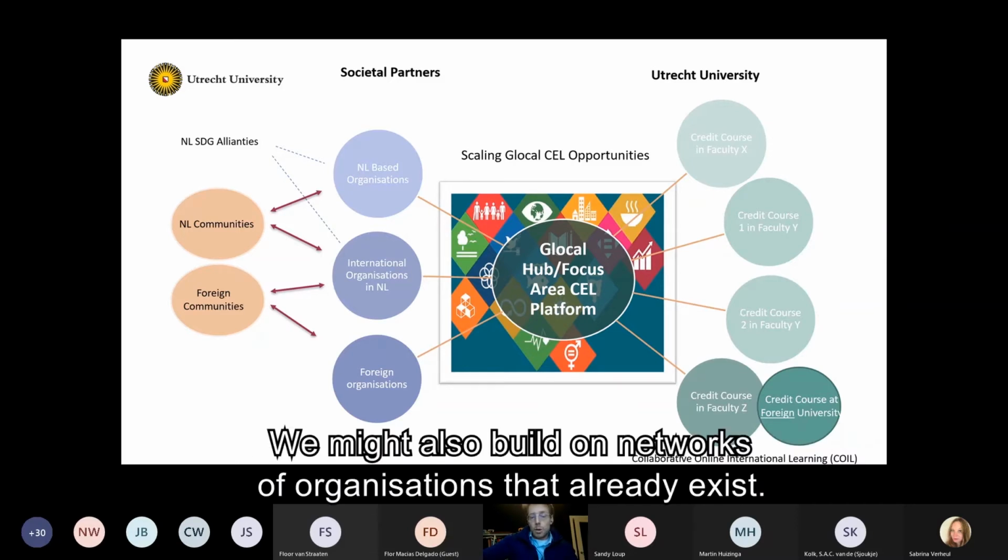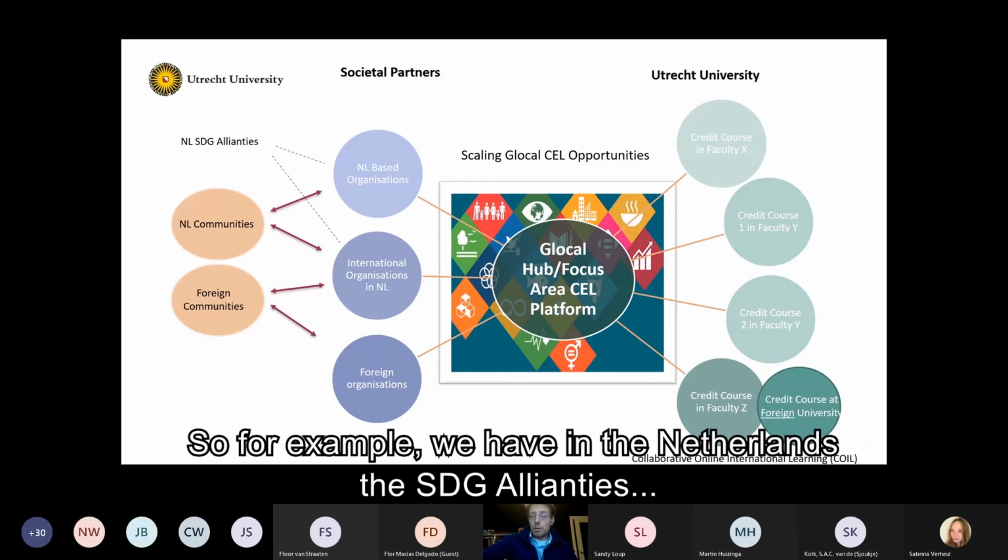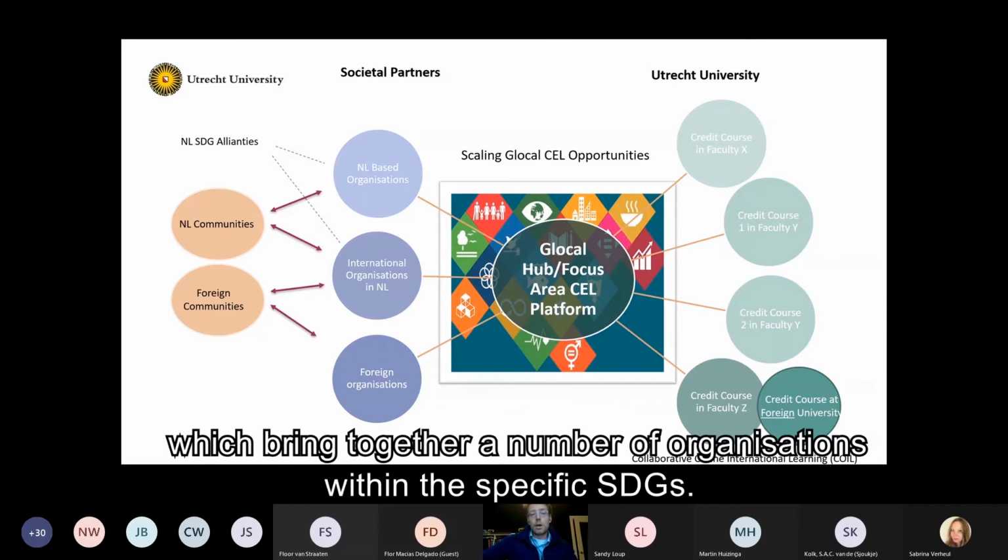We might also build on networks of organizations that already exist. So, for example, you have in the Netherlands the SDG alliances, which bring together a number of organizations within the specific SDGs.